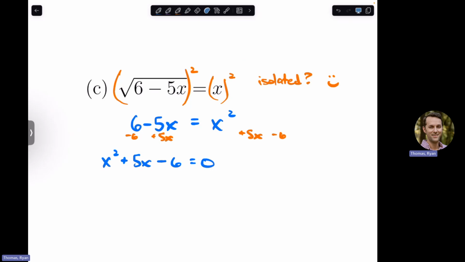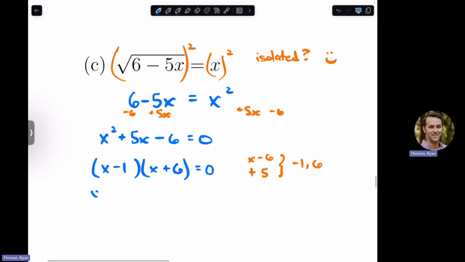I know it's early yet, but we can solve it. This one does factor. What multiplies to negative 6 and adds to 5? Okay, so x minus 1 is 0, or x plus 6 is 0.